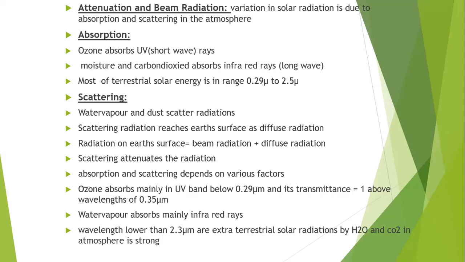After scattering, a portion of this scattered radiation reaches the earth's surface. So what is this called? Diffuse radiation. After scattering, the remaining solar radiation which is reaching our earth's surface is termed as diffuse radiation.